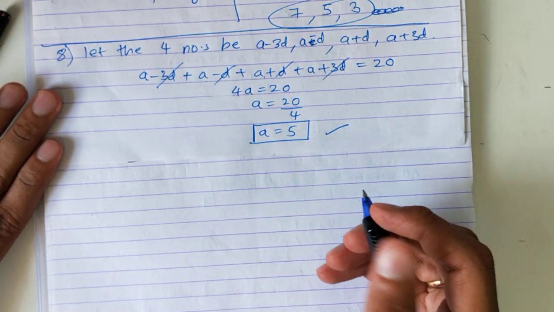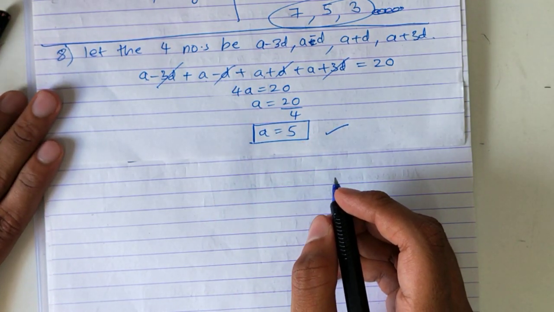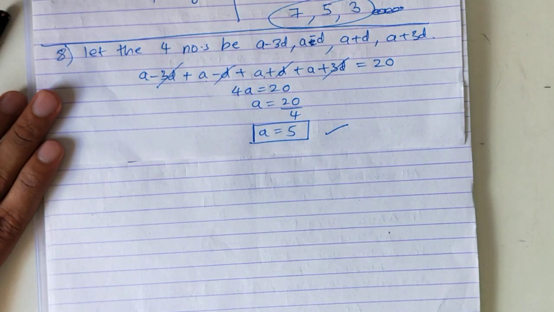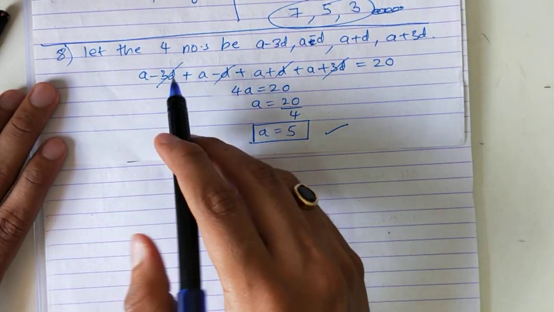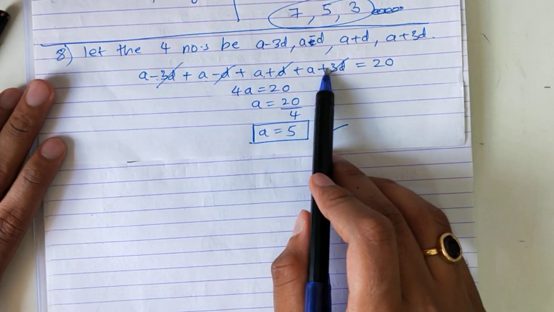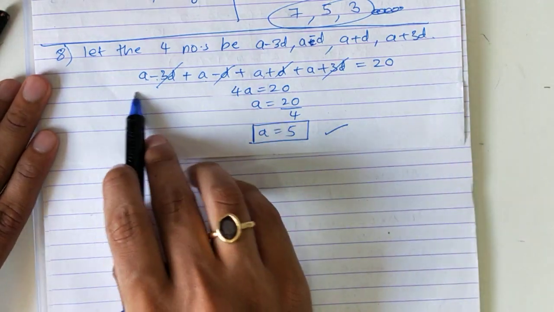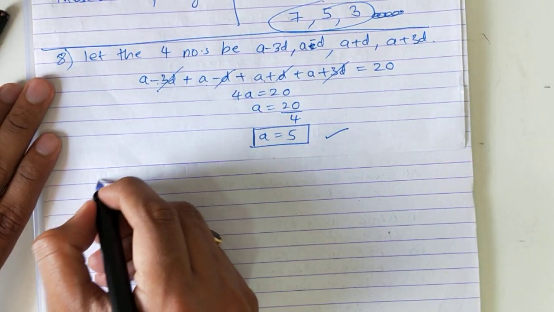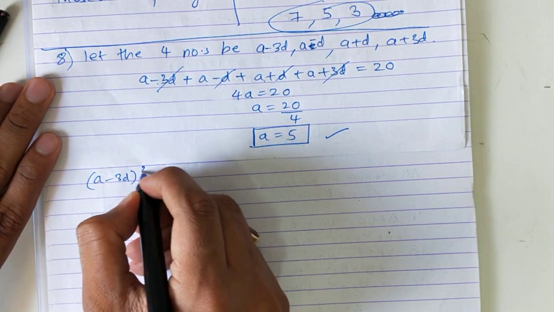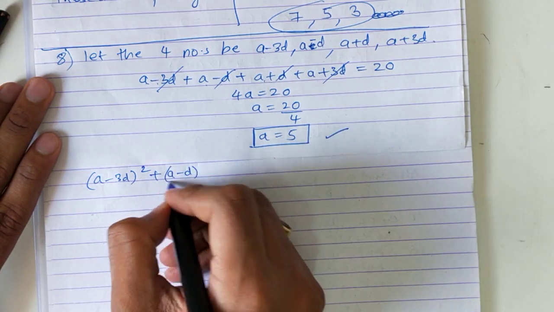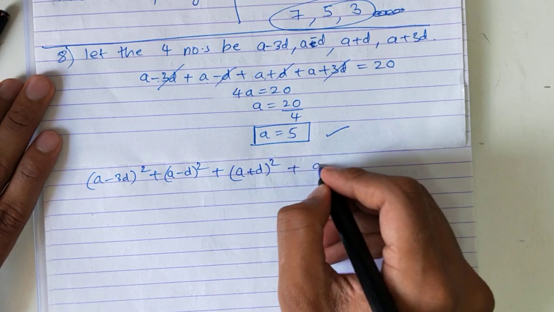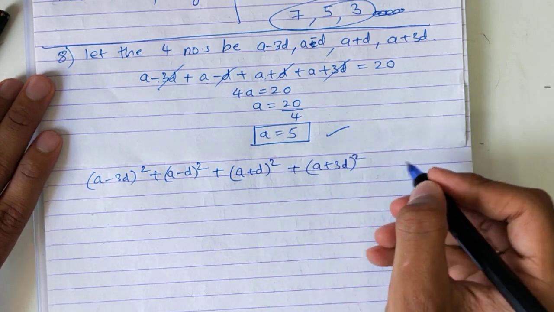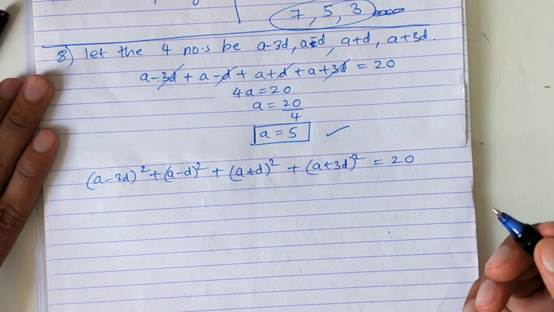Okay. Further, once I have a is equal to 5, the next part is sum of whose squares is 120. Sum of whose squares is 120 means the sum of the squares of these 4 numbers is 120. मतलब चारों का square करना पड़ेगा. So a minus 3d the whole square plus a minus d the whole square plus a plus d the whole square, a plus 3d the whole square.